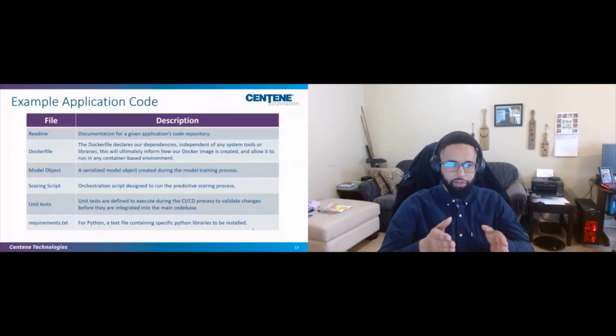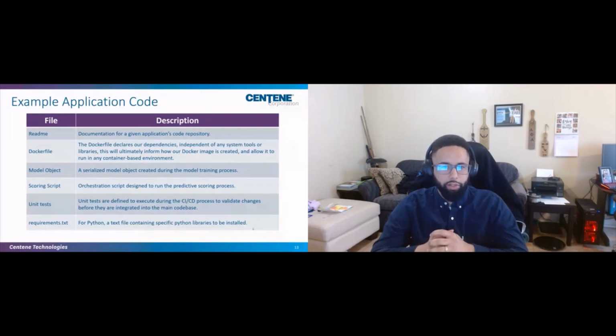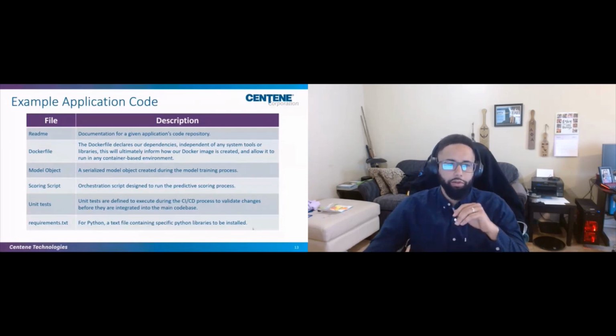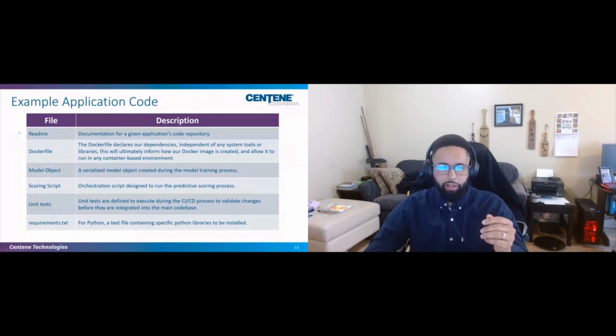So here's a really bare bones example of a repository. We have our README, which is just high-level documentation of what the application is. We have our Docker file, and this is where we actually declare our dependencies. These dependencies are independent of any system tools or libraries from the environment it was built on, and it will ultimately inform how our Docker image is created, and allows it to run in any container-based environment.